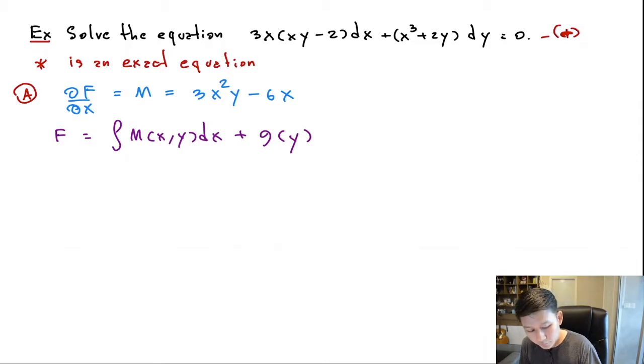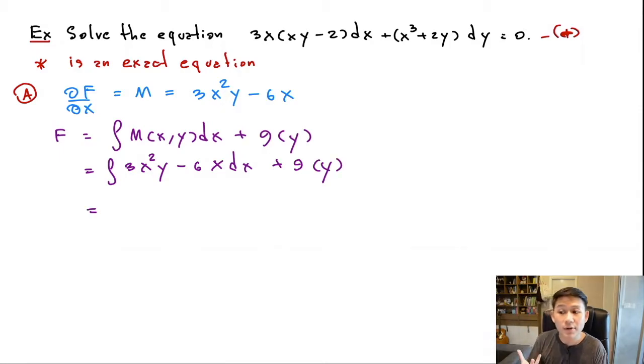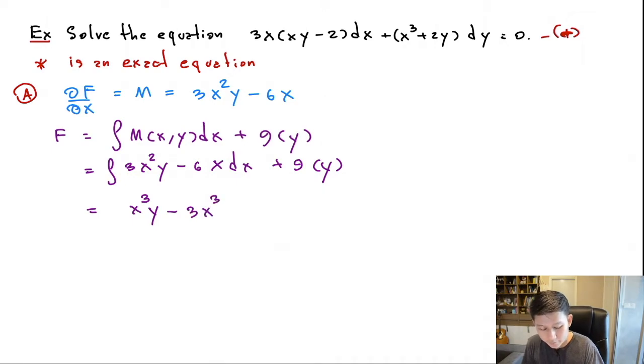So right now I'm going to integrate M, which is 3x squared y minus 6x, dx plus g(y). You integrate by x, so y is a constant. That will be x cubed y minus 3x squared plus g(y).